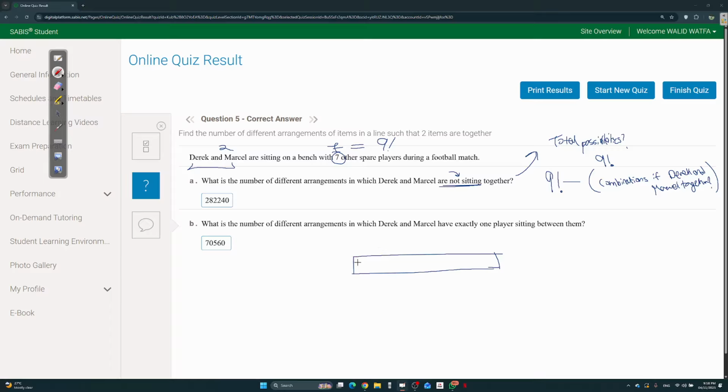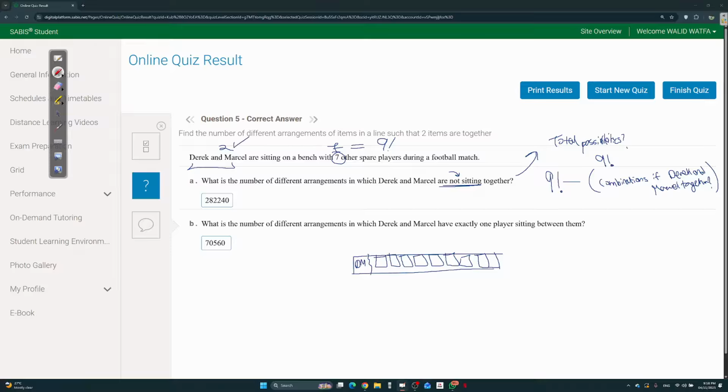This is the whole bench. Derek and Marcel are over here, and the others are 7. 1 2 3 4 5 6 7. Actually, I'm going to put 8. Why am I going to put 8? Always add 1, because then they try to trick you. They say Derek and Marcel and I don't know what.